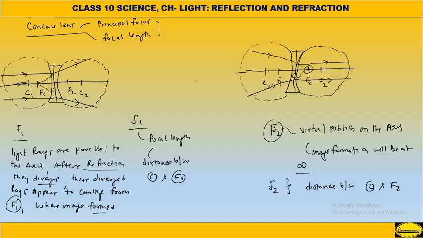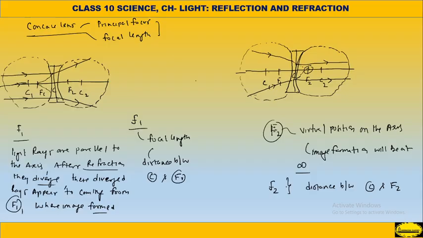So this is what we have come across about different terms associated with spherical lenses, and initially we have also discussed what spherical lenses are and where these lenses are utilized.